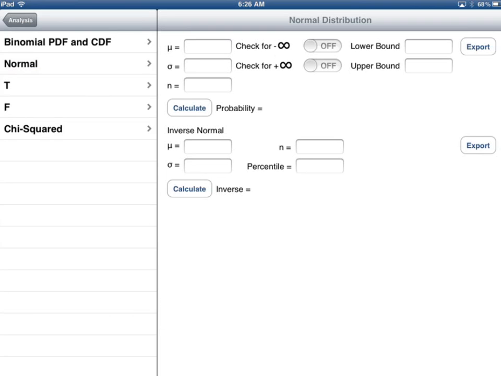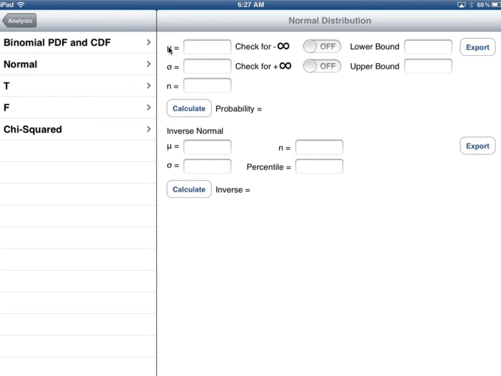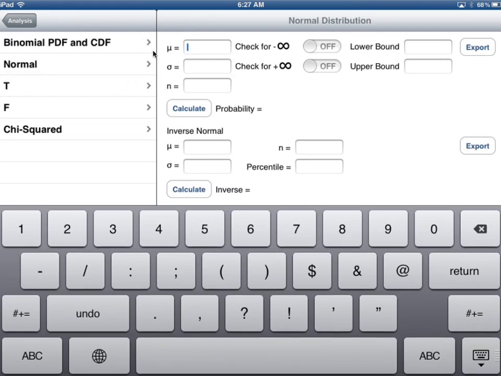Now this asks for some basic information that you need to provide. It needs to know the mean, which we said was 305. And you see here it needs a standard deviation, which remember we said the distribution had a mean of 305, a variance of 28 squared, so the standard deviation is 28. And it needs n.